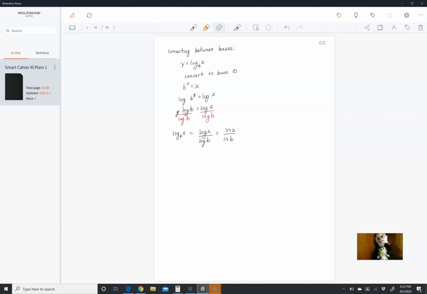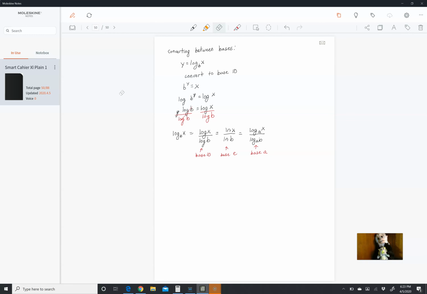But if instead we wanted to convert to base a, then we would take log base a of both sides, which means that we would have log base a of x over log base a of b. So we can convert to any base this way. This is what log base b of x is in base 10. This is what it is in base e. And this is what it is in base a.